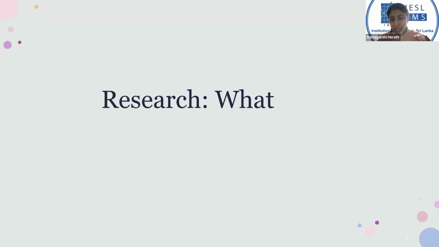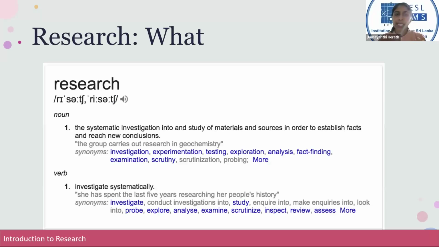And if I'm repeating anything, please bear with me for a few minutes. So this is the dictionary definition of research. Research is defined as the systematic investigation into and study of materials and sources in order to establish facts and reach new conclusions. So that is the formal definition.